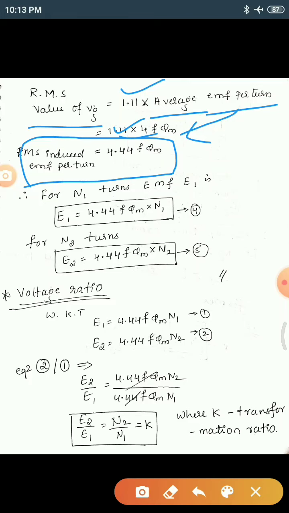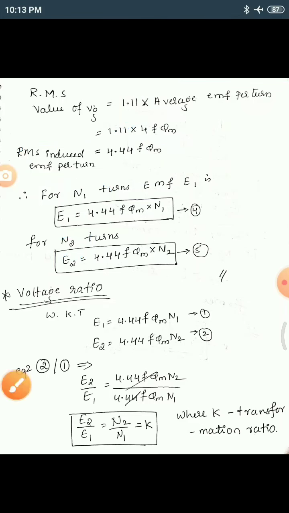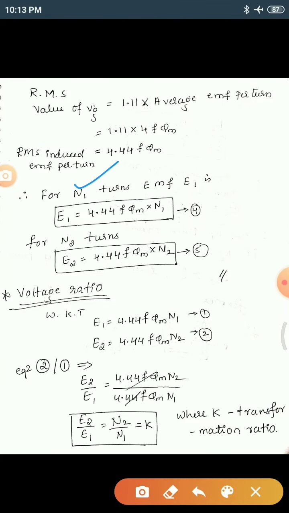Now we have N1, the number of turns in the primary, and N2, the number of turns in the secondary. Based on this, for N1 turns, E1 becomes 4.44 fφm into N1, since this was per each turn and we multiply with N1.